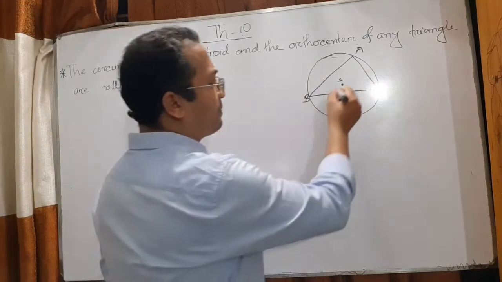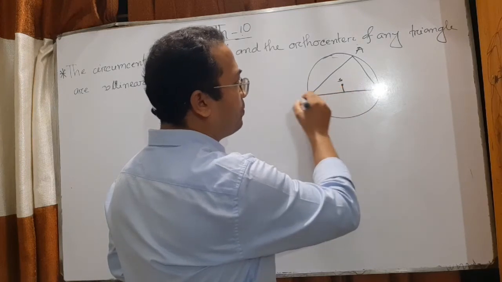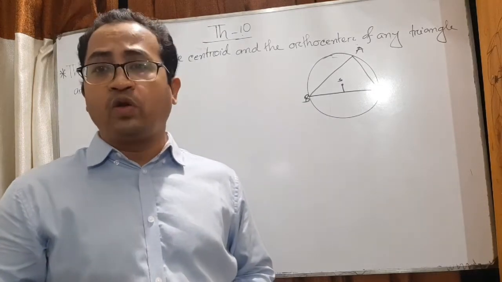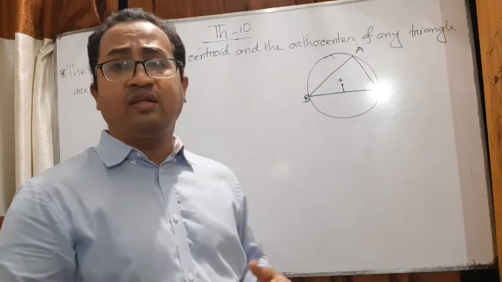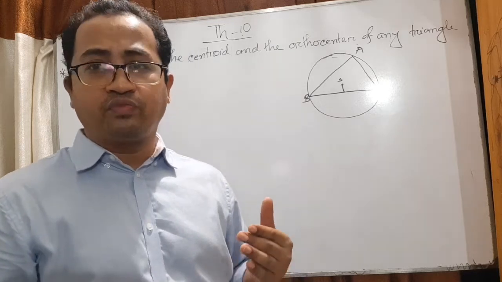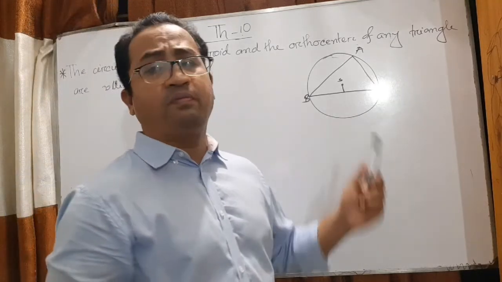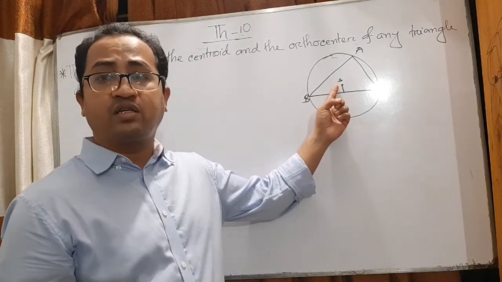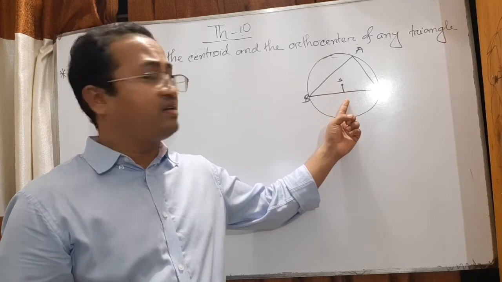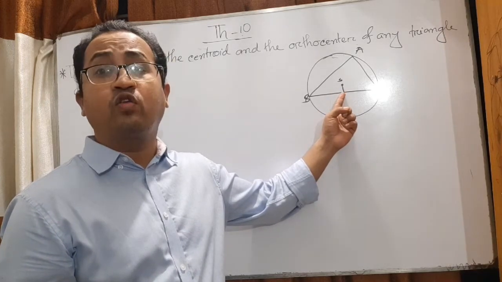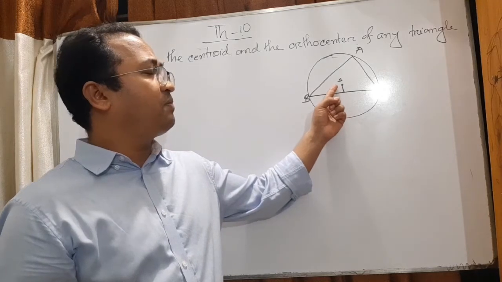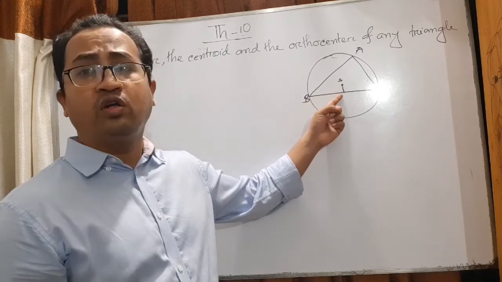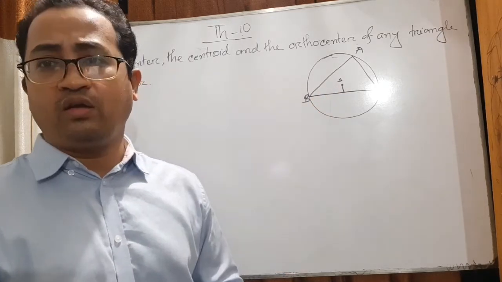So now draw a perpendicular from S to BC. We know the perpendicular from the center to any chord intersects at the midpoint of the chord.